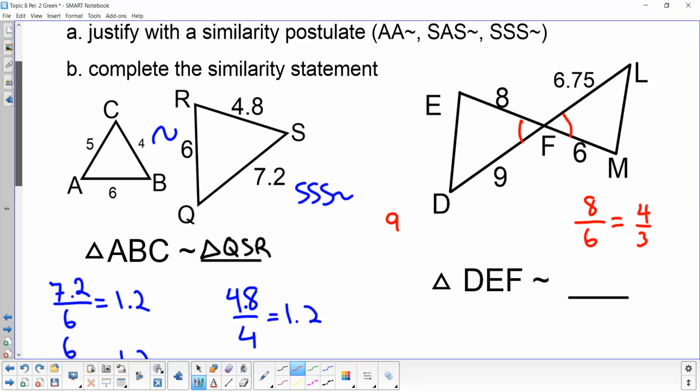So we're going to do the same with 9 over 6.75, and I believe that one also is 1.3 repeating. Therefore, triangle DEF is similar to triangle. Now, because D corresponds with L, I would say that it's similar to triangle LMF.